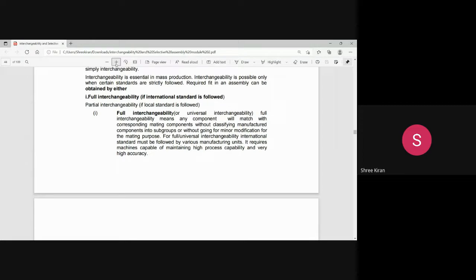It also requires machines capable of maintaining high process capability and very high accuracy. That's what happens in the case of full interchangeability.